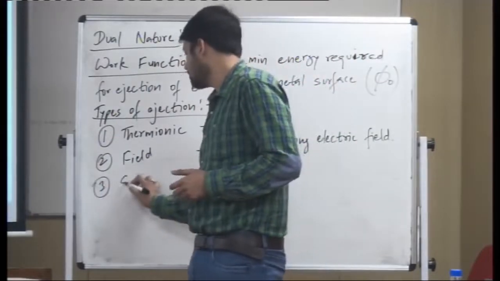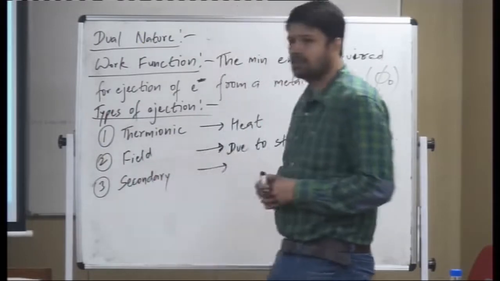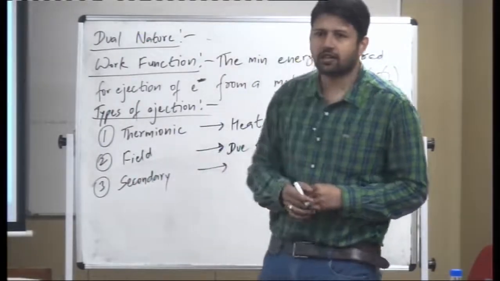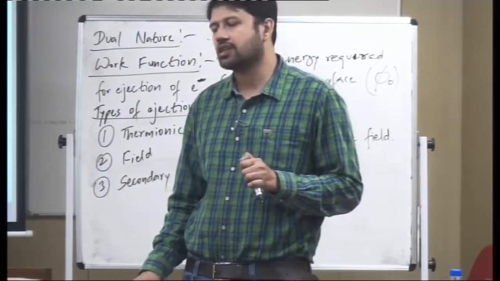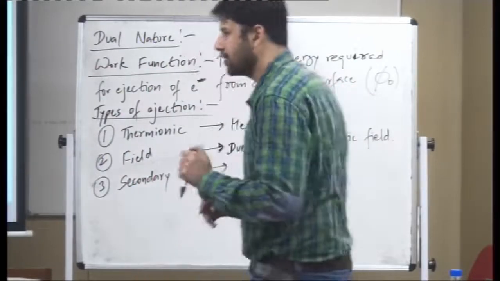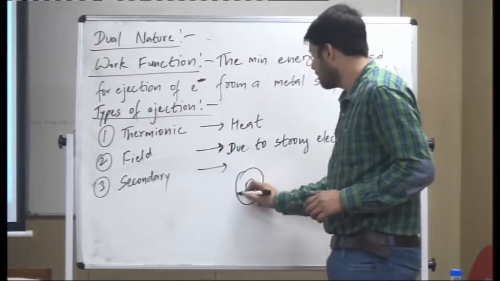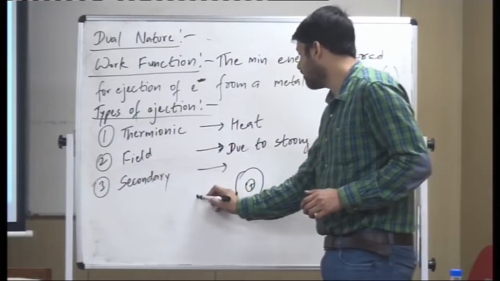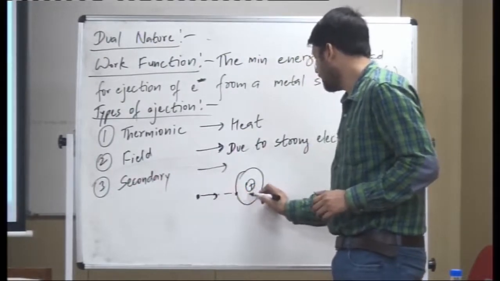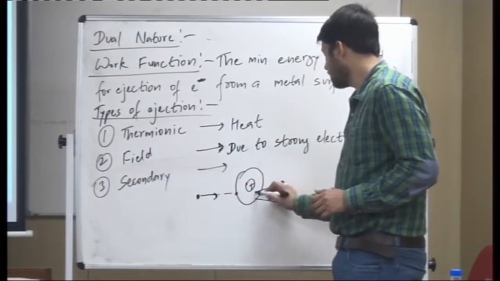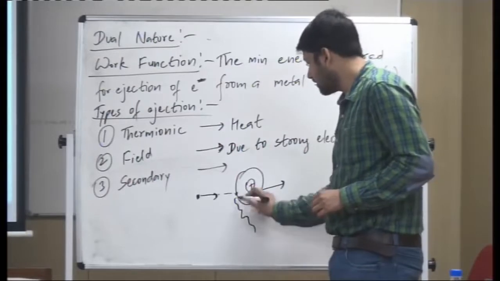Third, secondary. What is secondary? When fast moving electrons strike a metal, they cause emission of electrons from the atoms. Let's say this is an atom, this is an electron, and you have a fast moving electron. It strikes, and finally you get two electrons. Two electrons exit, and a lot of energy is released.